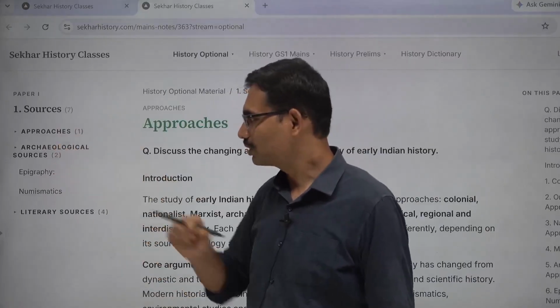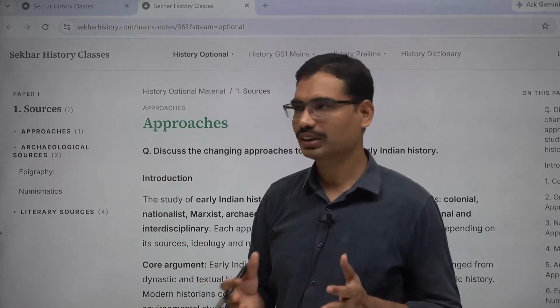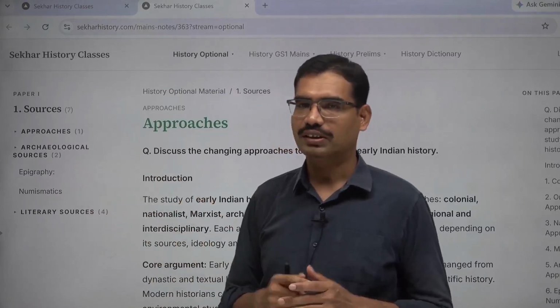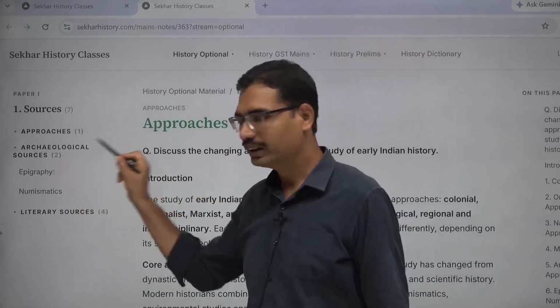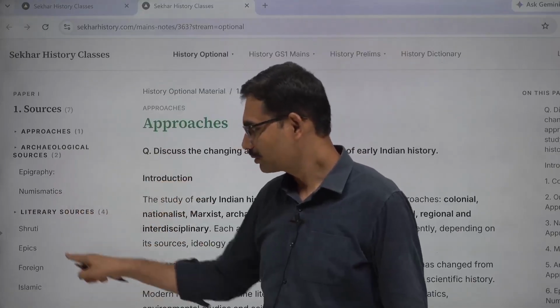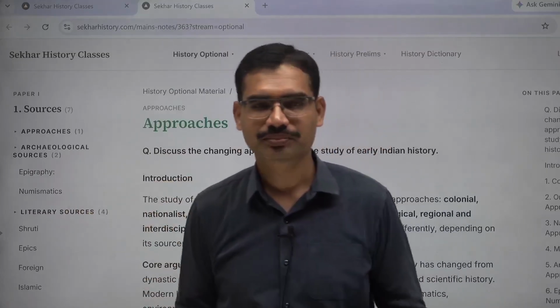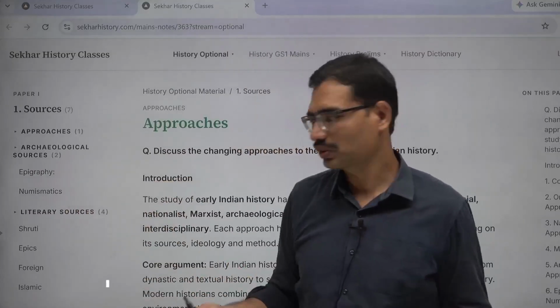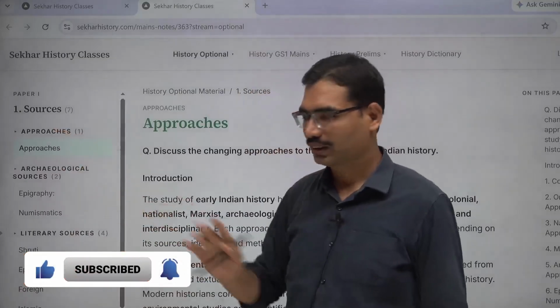For example, archaeological sources: inscriptions are one way of reading history, and coins another source of reading history. That is why we have to know inscription related content, coins related content. Literary sources, we have different mechanisms of reading our own literature. Indian sources are there, foreign sources are also there, and so on. That is why it is organized like this.